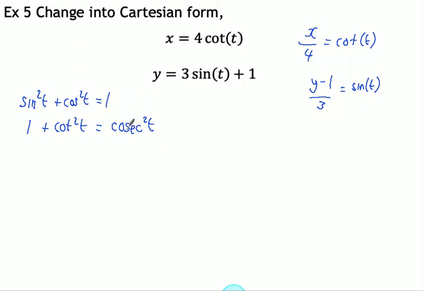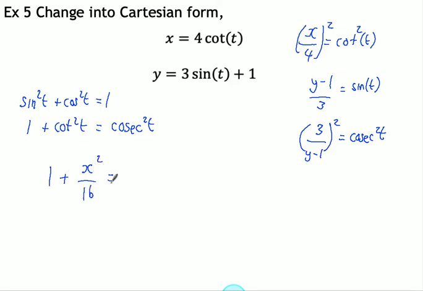Now cosec is the reciprocal of sine, so I can rewrite this term here like that. And I can write this like this. And now I can write out that.